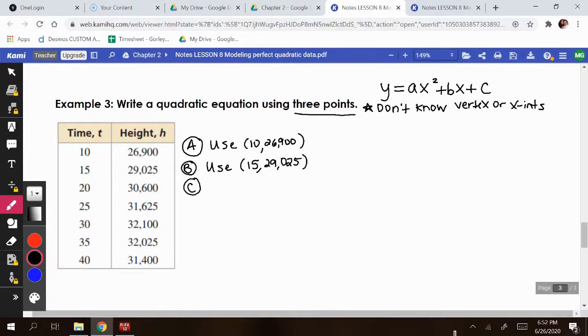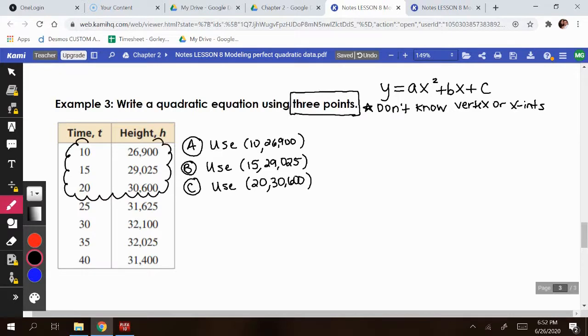And for my third equation of my system, I'm going to use the point 20, 30,600. That's what the directions directed me to do, pick 3 points to use here. You really could have picked any 3 points because we're only working with perfect quadratic models today, so I just picked 3 points that would land on the parabola. I chose these 3 because they were just the lowest t values.